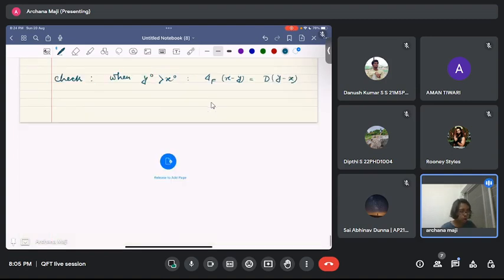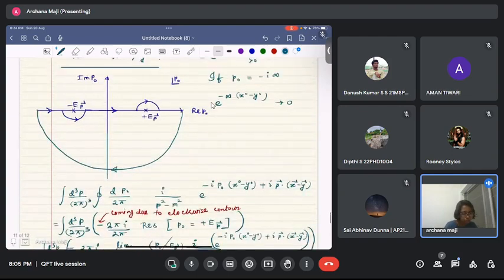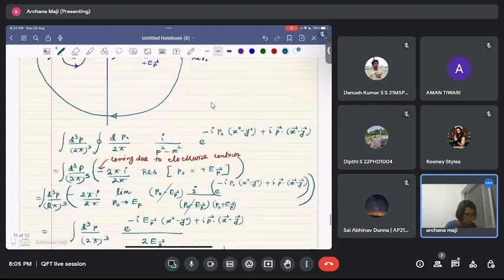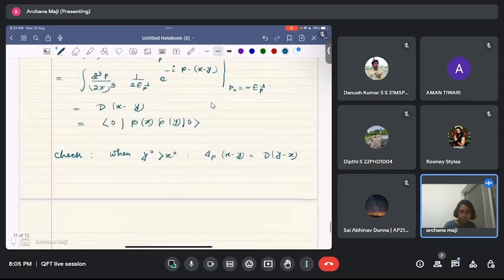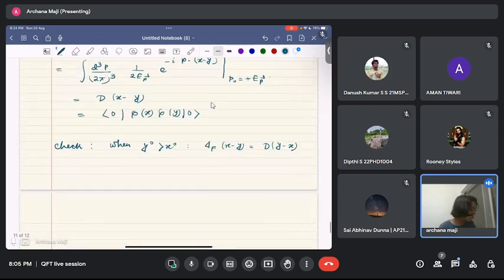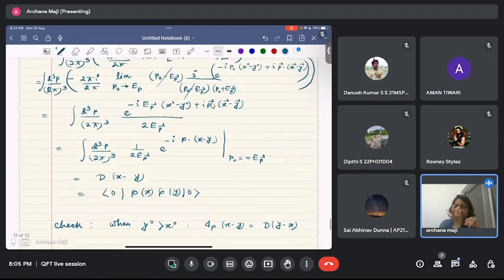So choose the contour appropriately, because now you know you need to choose the contour in the upper half plane for that case, and then check it explicitly that you are indeed getting D of y minus x. Okay. So let me know if you have any questions.